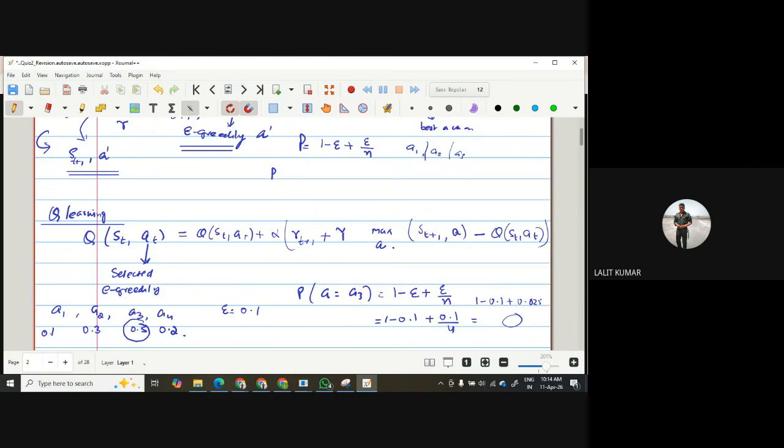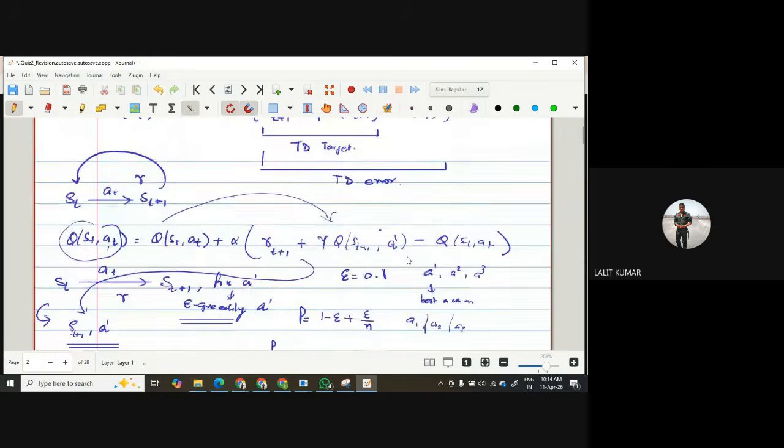The behavior is controlled epsilon-greedily, whereas the evaluation or the estimation is done greedily, because we are selecting the best action. Is this concept clear? Any question on this? Clear, sir.